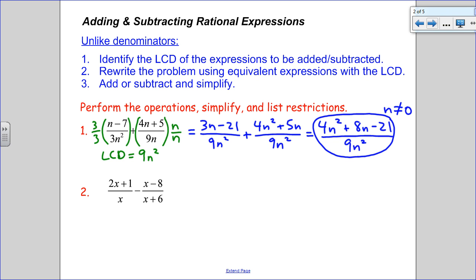Let's move to problem 2. In this case, the denominators are x and x plus 6. That means the LCD of these expressions is the product of x and the binomial x plus 6. So we'll multiply the first rational expression by the quantity x plus 6 over the quantity x plus 6. And we'll multiply the second rational expression by x over x.